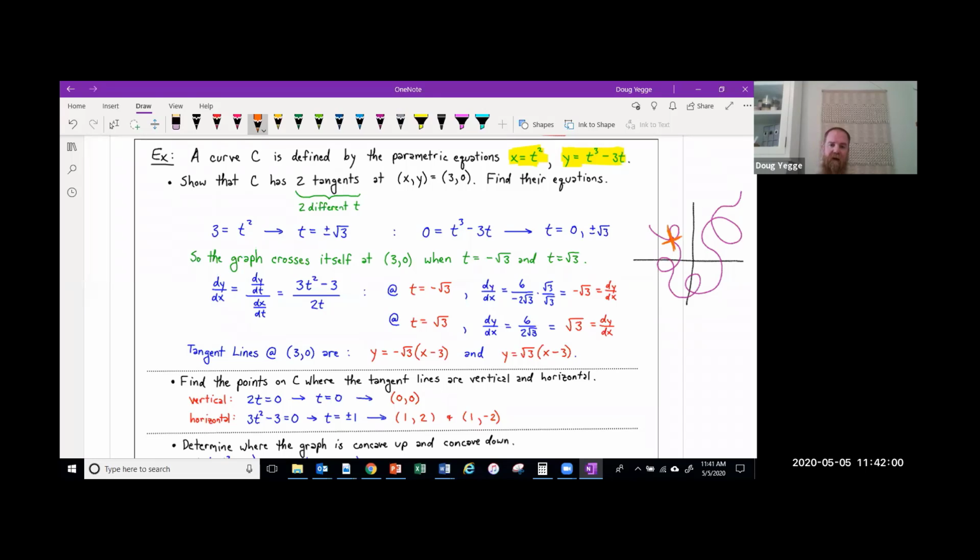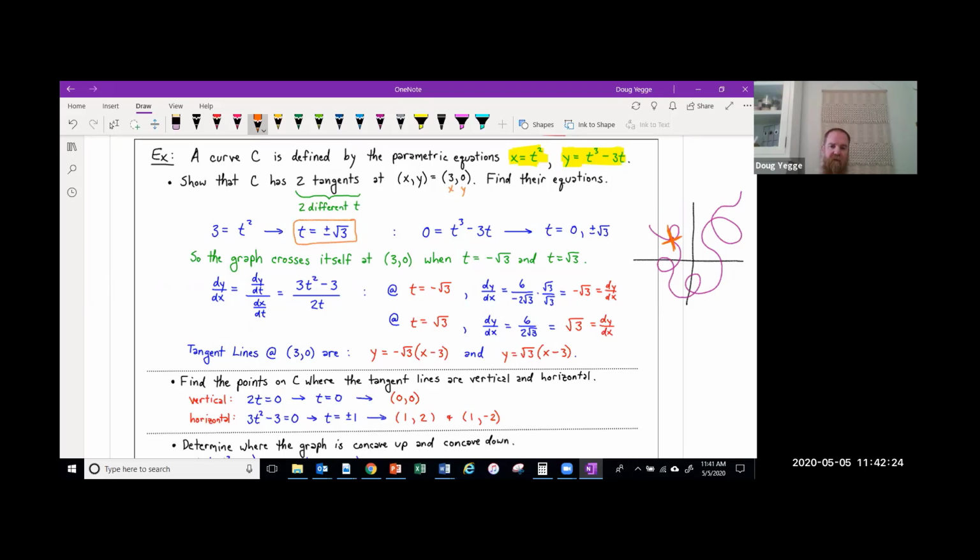So the first thing to recognize here is that you were told that 3 was the x-coordinate and 0 was the y-coordinate. So look at how we could just plug in 3 for x and 0 for y, and see that that's going to happen when t is equal to plus or minus root 3. That's already two locations.